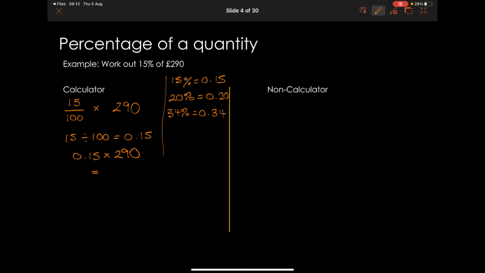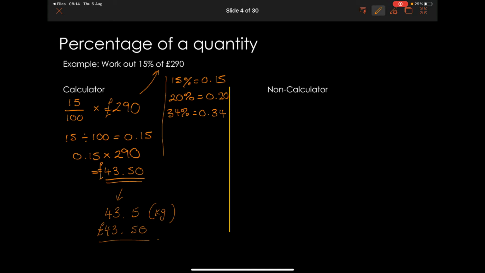And 15% of 290 is £43.50, because it was in pounds, wasn't it? Now, on your calculator, it'd actually come up as 43.5. So if it was in kilograms or anything else, we'd just leave it like that. But because it's in pounds, we would say £43.50.